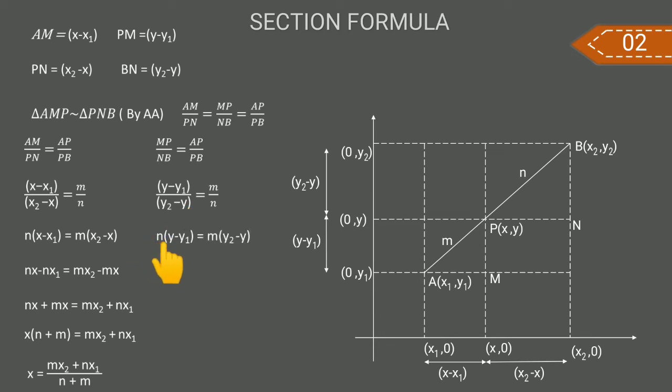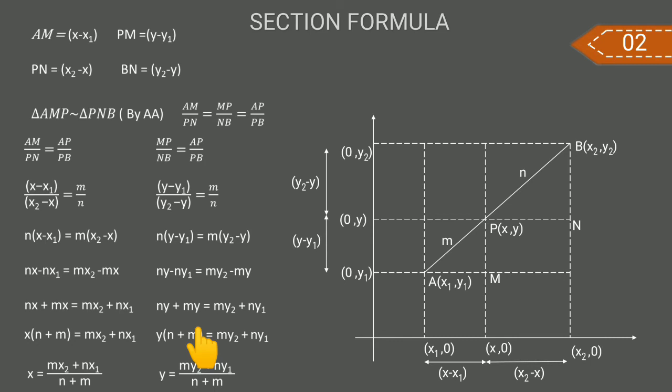Now ny minus ny1 is equal to my2 minus my. Taking terms of y on the same side and y as common, we get y(n plus m) equal to my2 plus ny1, and then the value of y is (my2 plus ny1) upon (n plus m).